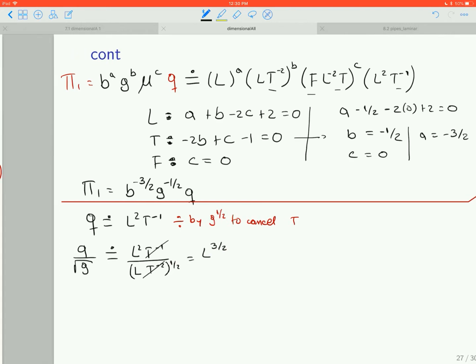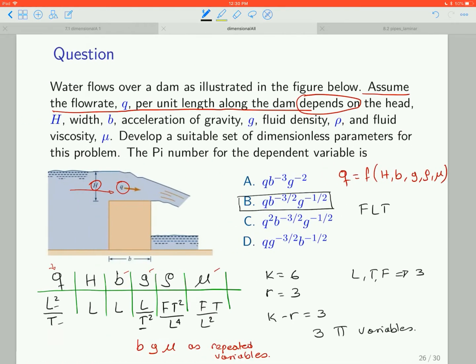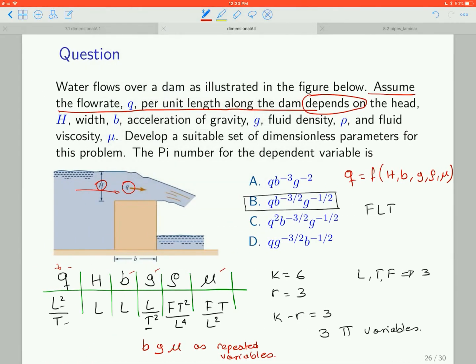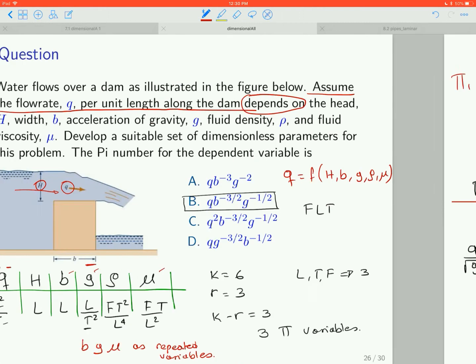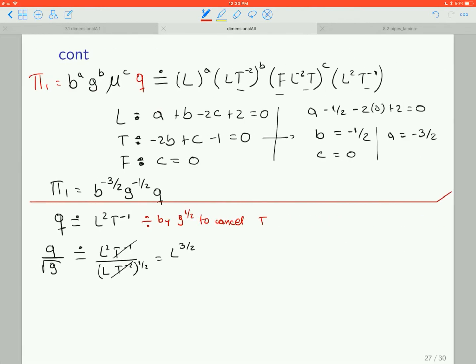Okay, now we need to cancel L, so we can use either b or h. I'm going to use b.